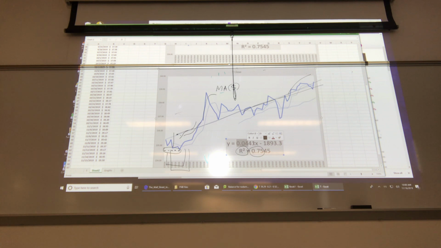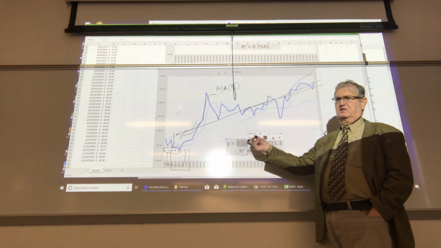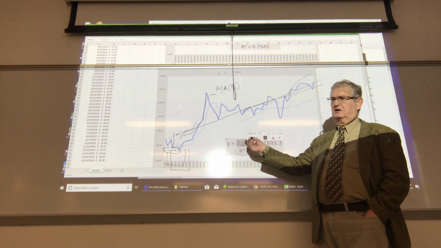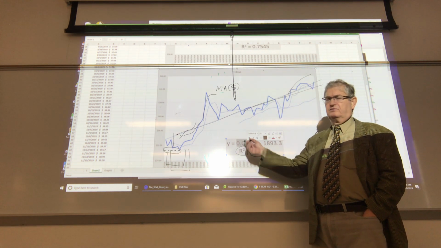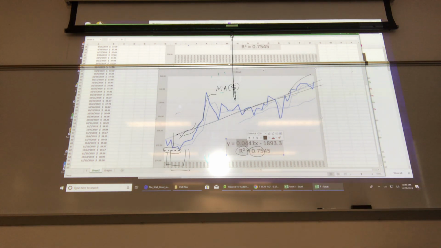If I pay attention to the line, then the question is, what is the average increase? The average increase here is 4 cents. But that is 4 cents when you know 75% and you don't know 25%.